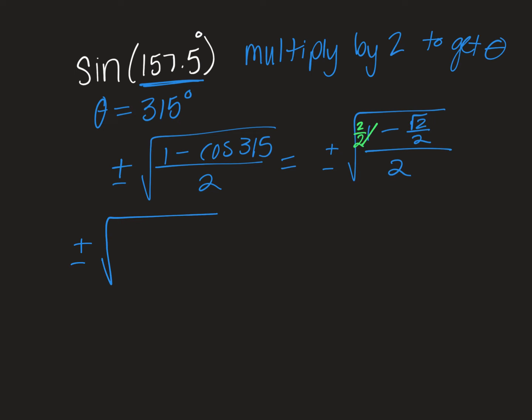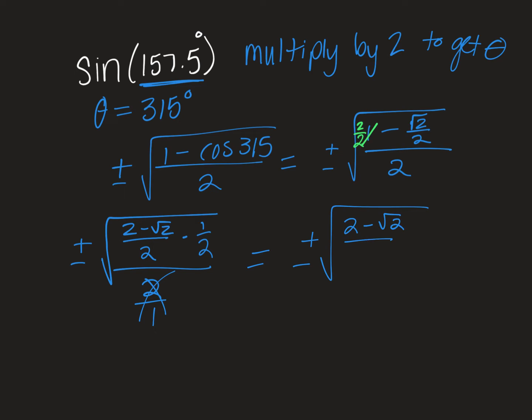Right, so that means we have 2 minus square root of 2 over 2 over another 2. So then that's technically over 1, right? Flip and multiply. So it's like multiplying by 1/2, which then gives you plus or minus the square root of 2 minus square root of 2 over 4.